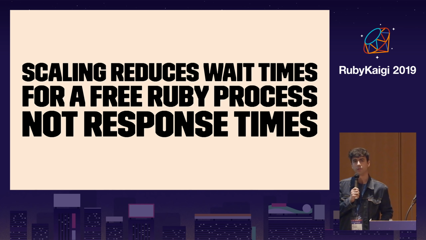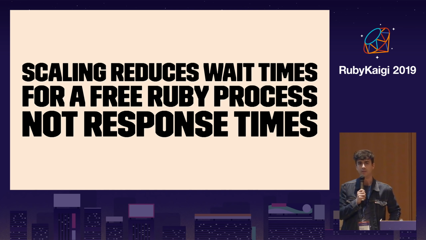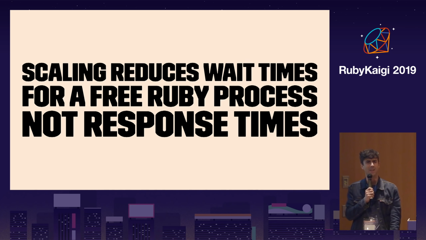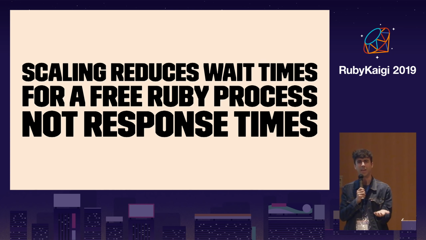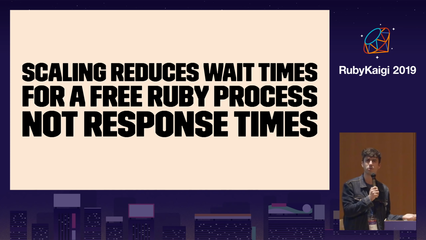Sometimes people use autoscaling, and the autoscaling is based on response times, right? Like that's the way Heroku autoscaling works by default. But it's kind of weird because response times can change for reasons that have nothing to do with scaling. Like I said, if suddenly people start using a part of the application which is really slow, then response times will go up, and then you'll start autoscaling, but nothing changed in the application, so why are you autoscaling?